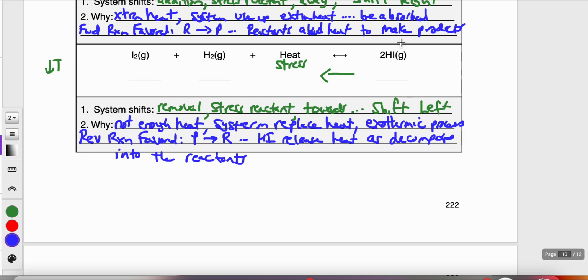So the HI is being consumed or used, so its concentration will decrease, and the H and the I in the molecule don't disappear, but they show up as elemental iodine and elemental hydrogen, so the individual concentrations on the reactant side will increase, and because it's an exothermic decomposition, the heat that was removed is now being replaced.